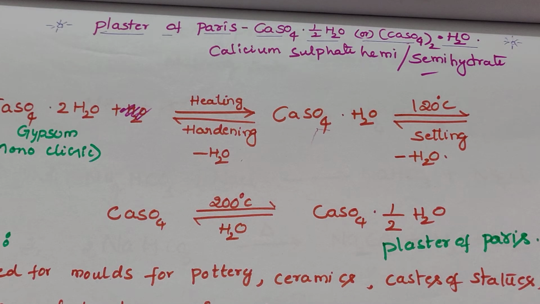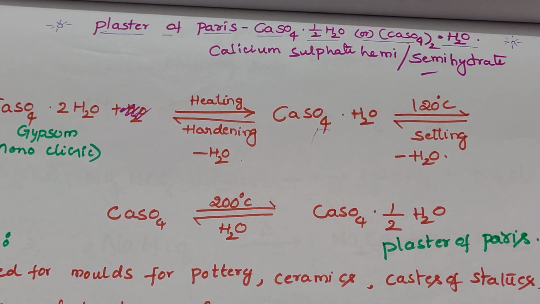In the preparation of plaster of Paris, some conditions are very necessary. The temperature should not be allowed to rise above 393 kelvin, because above this temperature the whole of the water of crystallization is lost.